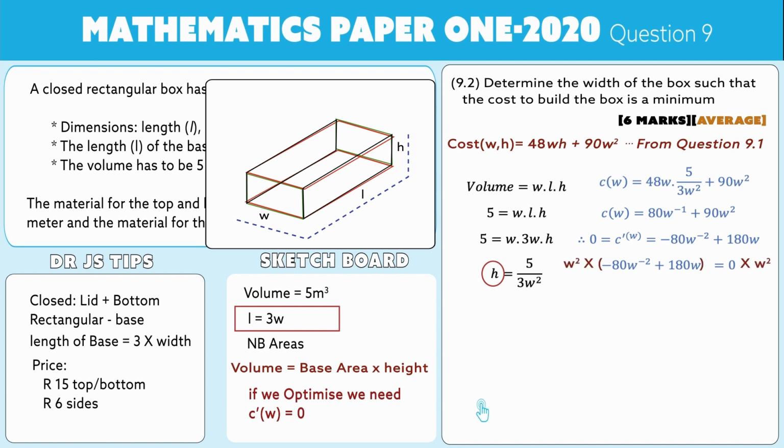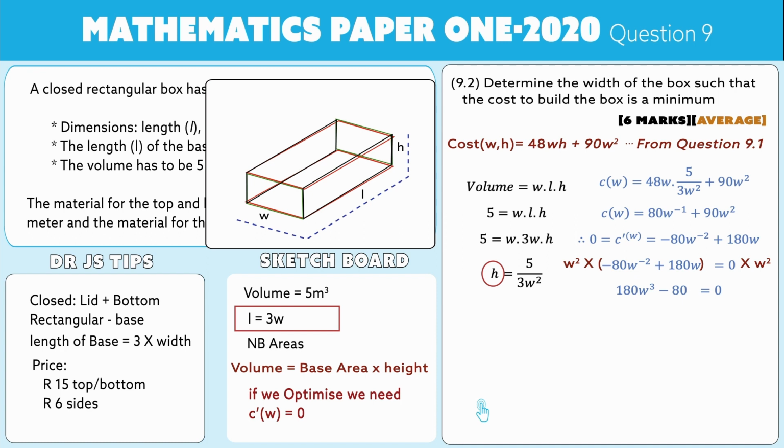My exponential rule comes into play there. So what do I have? I have 180 W cubed minus 80, which is equal to 0. And that is why I multiplied with W squared.